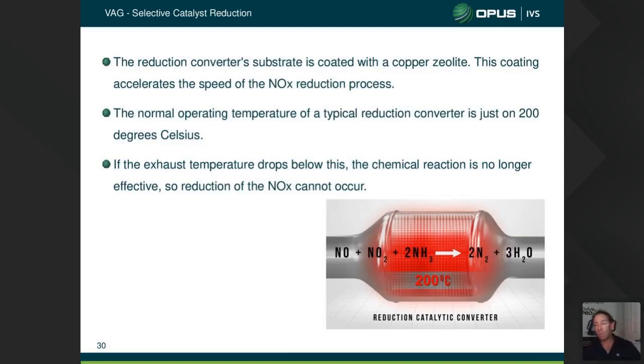Now, in a petrol engine, which is really interesting, same sort of catalyst, same chemical reaction occurs, except we use a reduction agent called rhodium, which is like liquid gold, really, inside our reduction catalyst. But the rhodium reacts more so at a higher temperature.